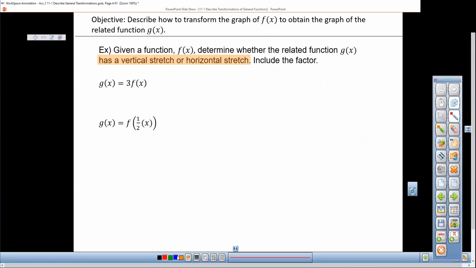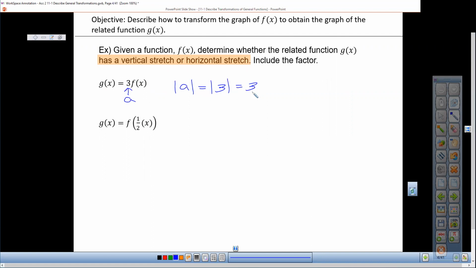With this first example, our parameter is the 3. Notice where it is: in front of f of x. So it's in front of the function rule. That makes it an A parameter. So we look at the absolute value of A, which is the absolute value of 3, which is 3, and compare it to 1. 3 is greater than 1, so that means we have a stretch.